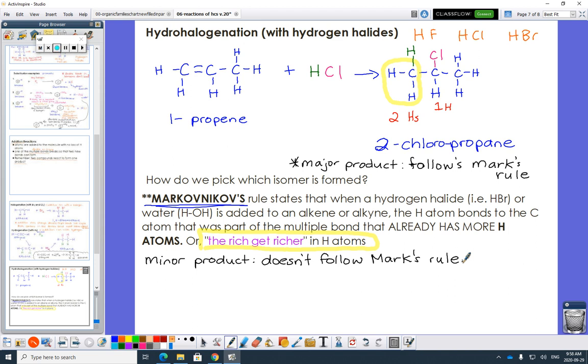So I'm going to write it out. I'm not even going to use different colors. If you get a question like this, you would just follow the major product, okay? But I'll show you the minor.